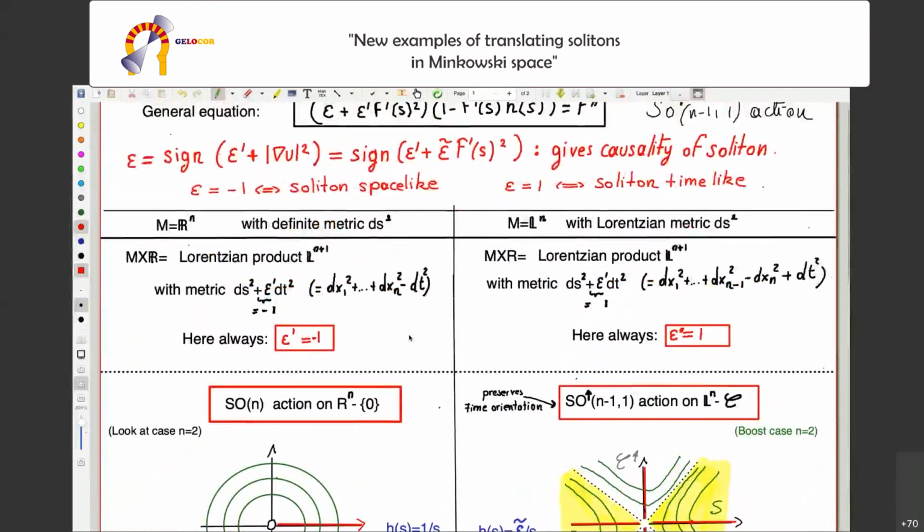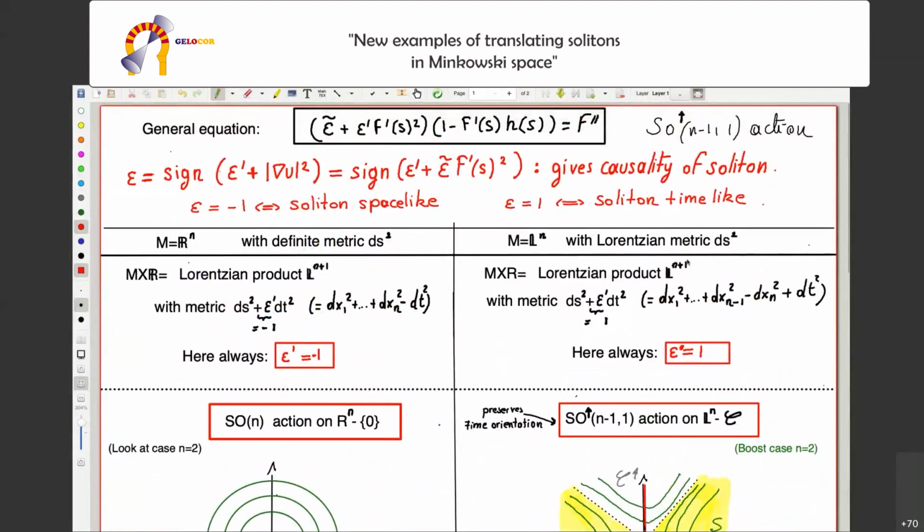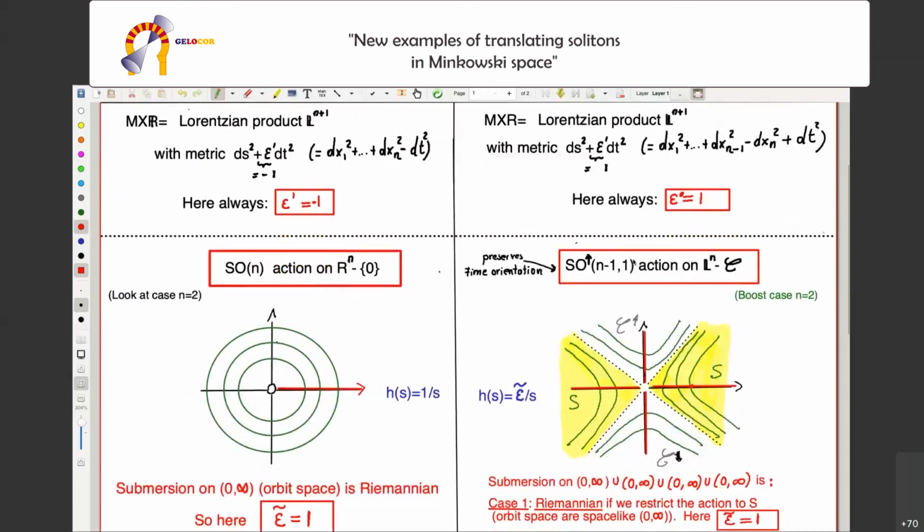And the second example we looked at was the Lorentzian space, with Lorentzian metric ds squared, and we took the Lorentzian product. So this time the dt had to be positive definite, right? Our epsilon prime was equal to 1, and then we looked at an SO(n-1) action.